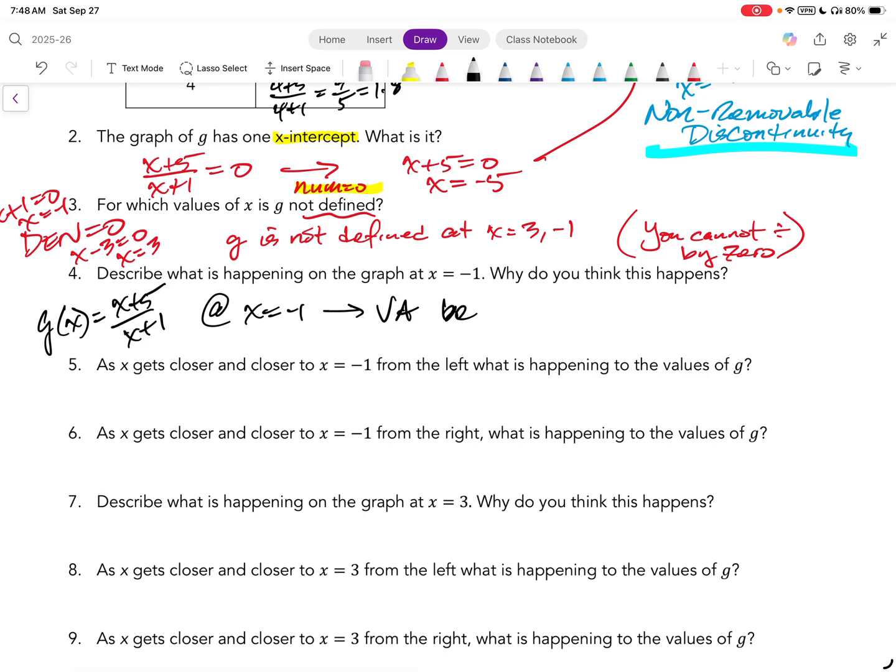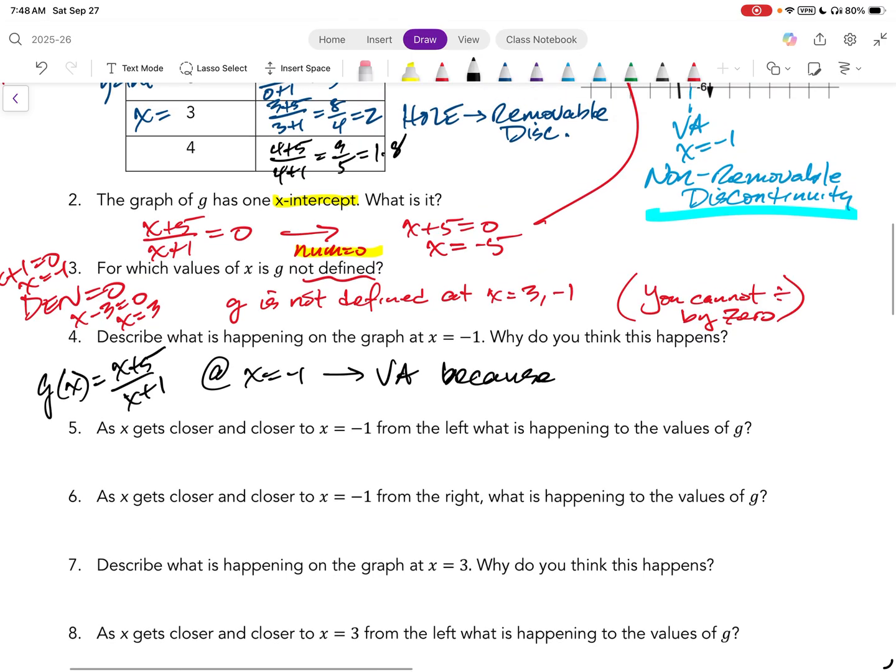So there's a vertical asymptote at x equals -1 because there is a non-removable discontinuity, as I said earlier. Because there is a non-removable discontinuity, the function's not defined there.